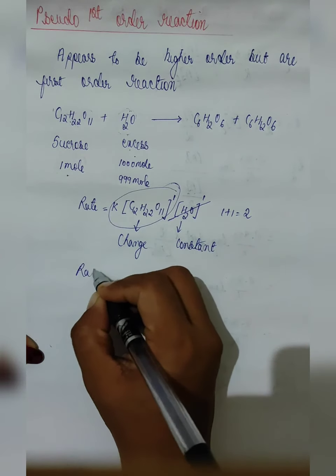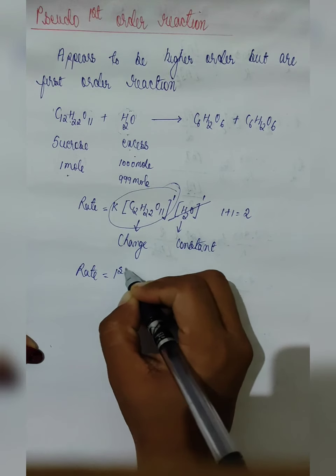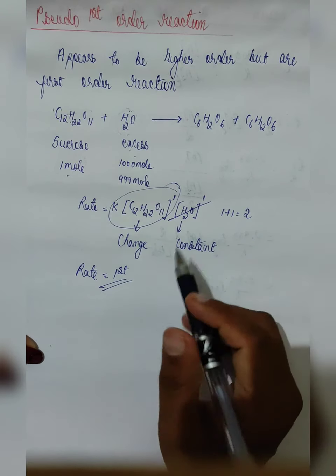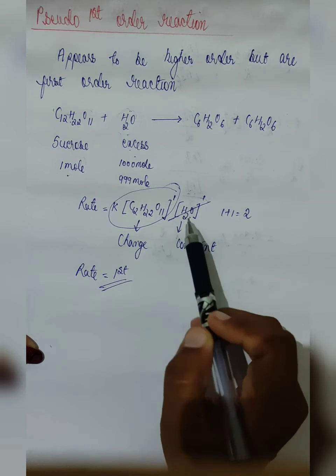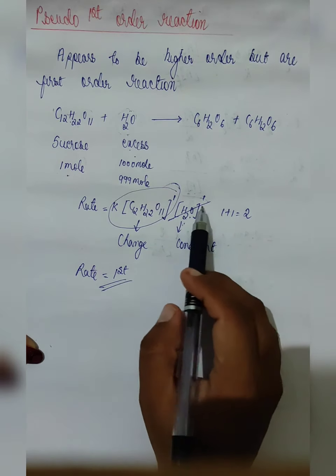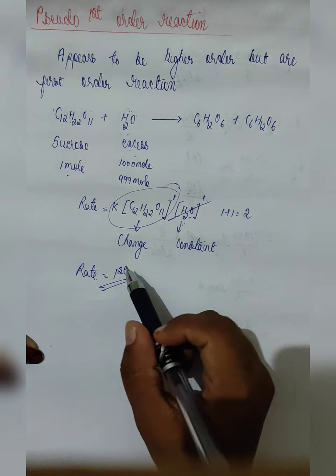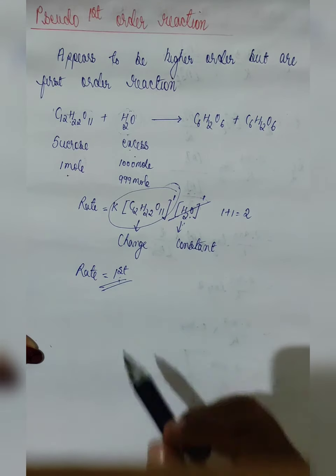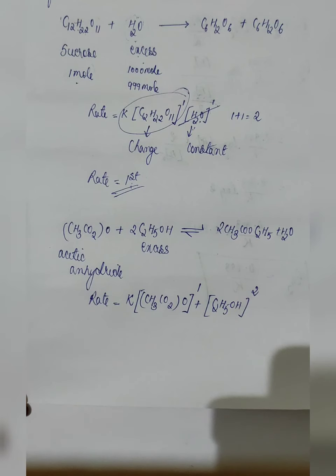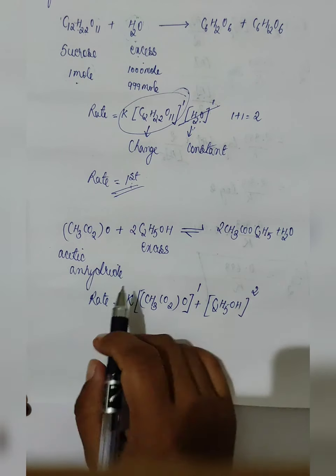So it will be a first order reaction, not second order, because water is present in excess and its concentration is not changing at all. It appears to be a second order reaction, but actually it is a first order reaction.